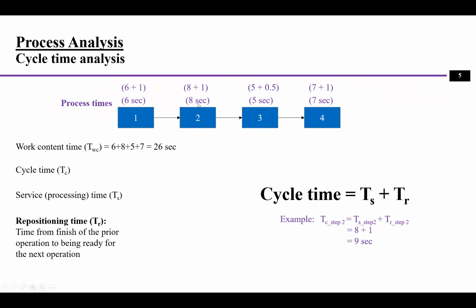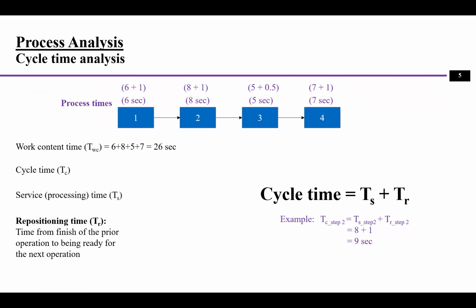Step 2 takes about 8 seconds. Step 3 takes 5 seconds, and step 4, 7 seconds. These are the times required to complete each task. So the work content time means we add all these task times together: 6 plus 8 plus 5 plus 7 equals 26 seconds.